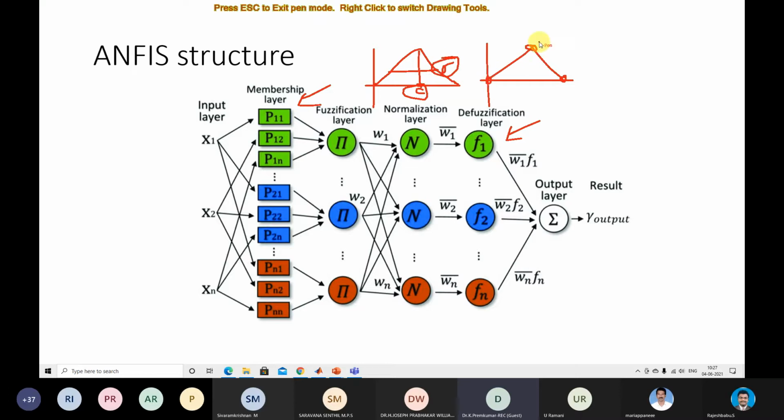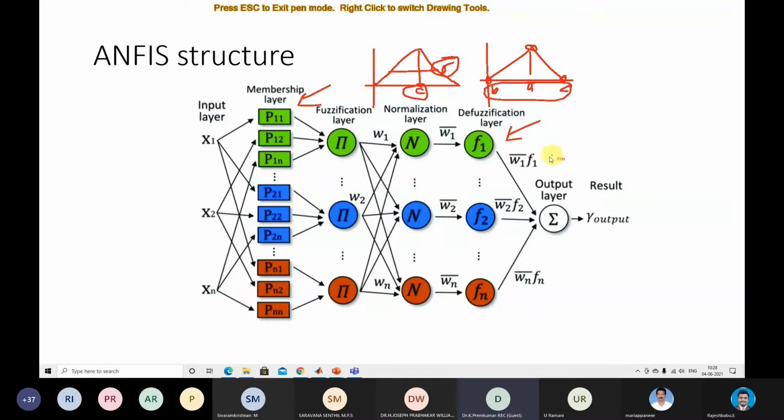Okay, for example, this is point A, this is point B, and this is point C, right? So points A, B, C are the tunable parameters. Here c and sigma are the tunable parameters in the membership function layer. So these parameters are going to be tuned by the neural network algorithm based upon the input and target data.